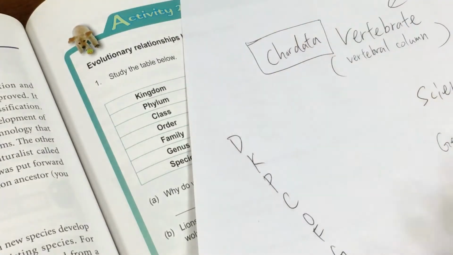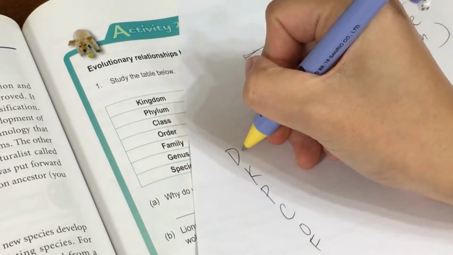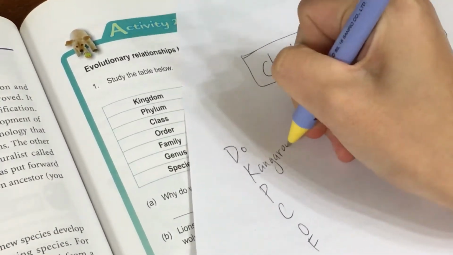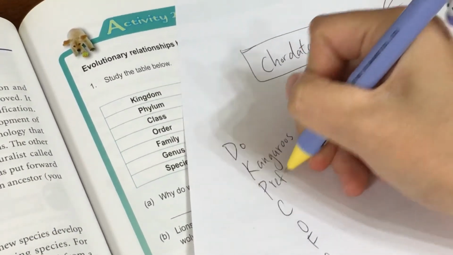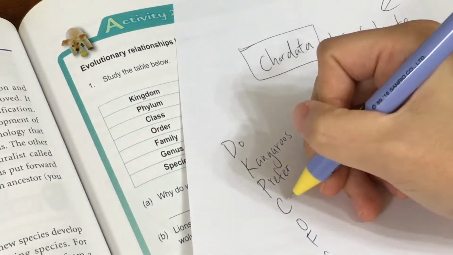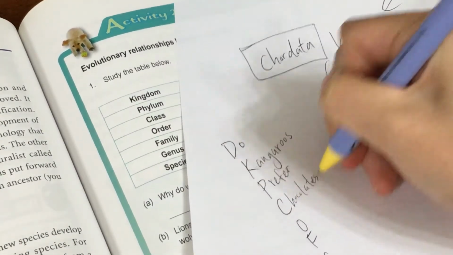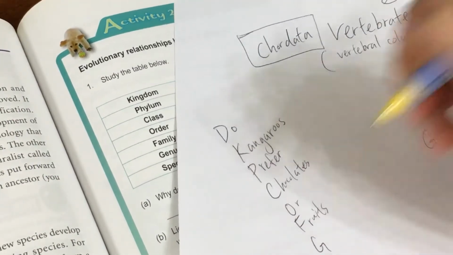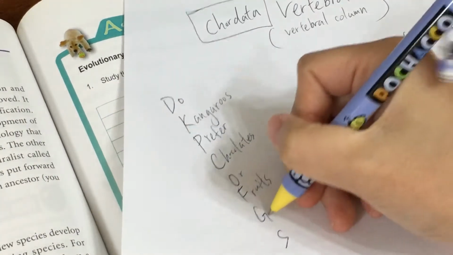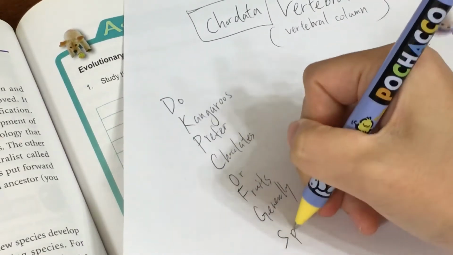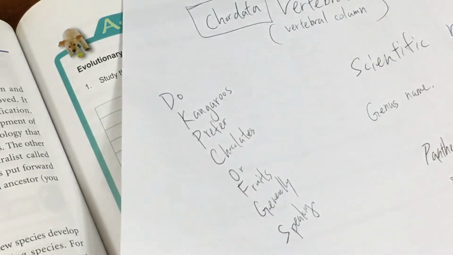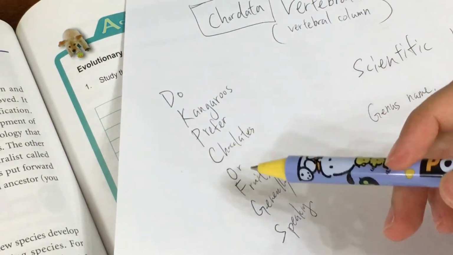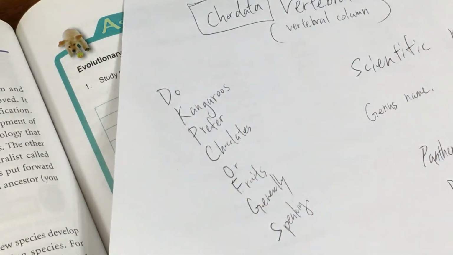So you can say, do kangaroos prefer chocolates or fruits, generally speaking. So this helps you to remember domain, kingdom, phylum, class, order, family, genus, species.